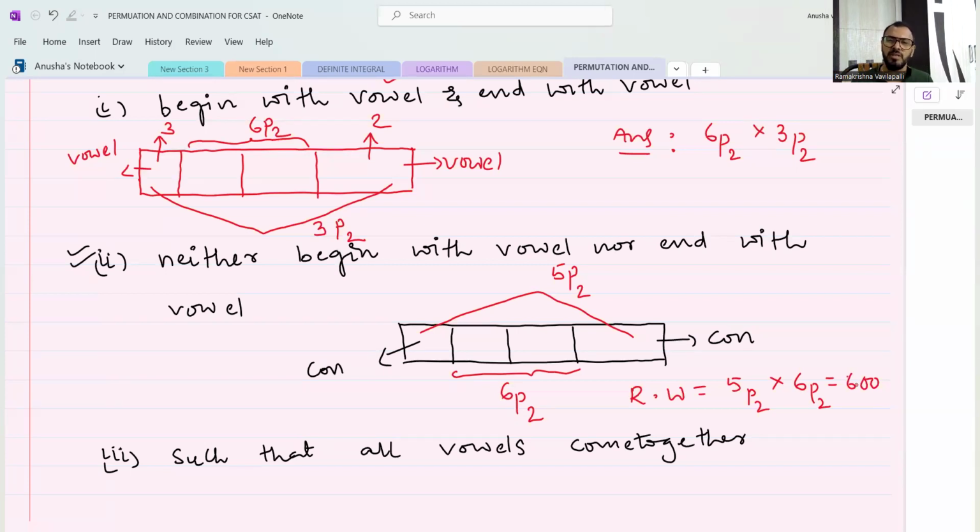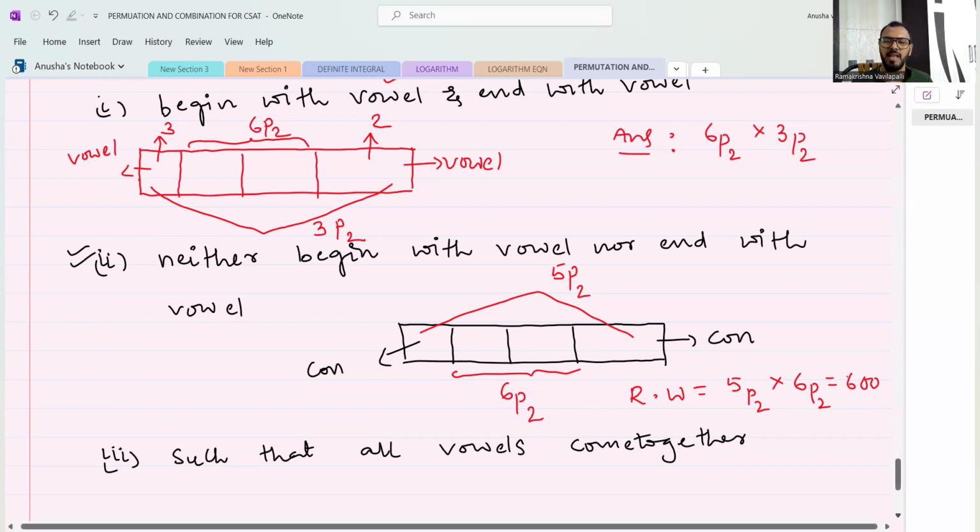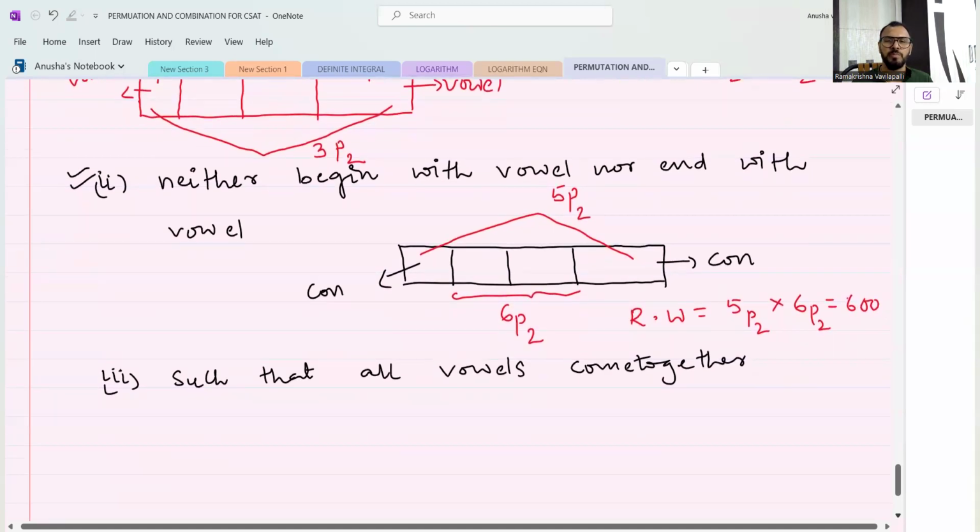If you are getting confused, you can fill each box individually. First box in 5 ways, last box in 4 ways. There are 6 letters left, so the second box can be filled in 6 ways and the third box in 5 ways.